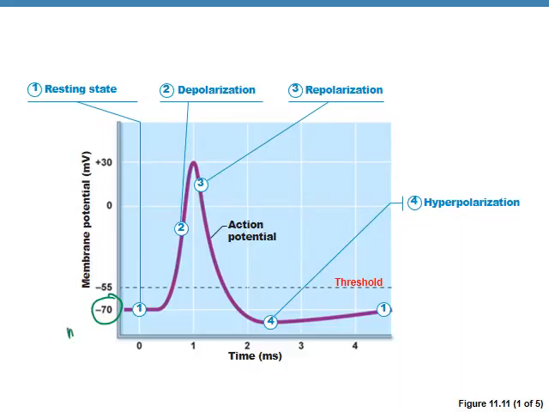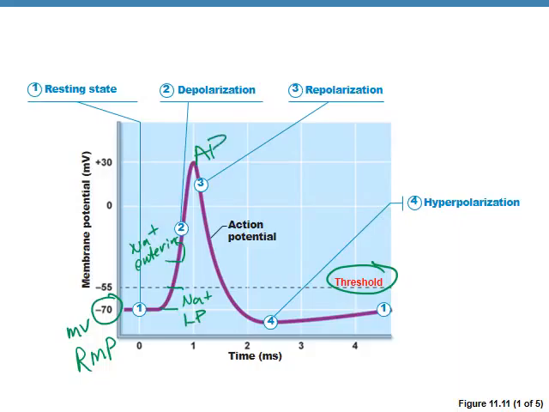So here's negative 70 millivolts. This is resting membrane potential. In this section, some of the sodium gates opened. If the sodium causes a local potential that reaches threshold, we're going to have tons of sodium entering the neuron, and it creates an action potential.